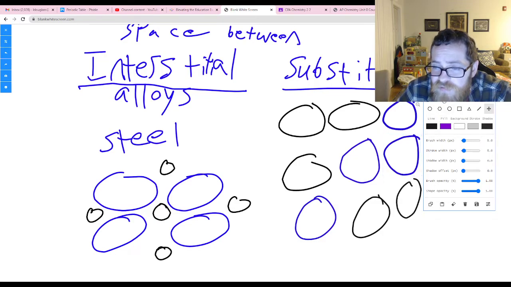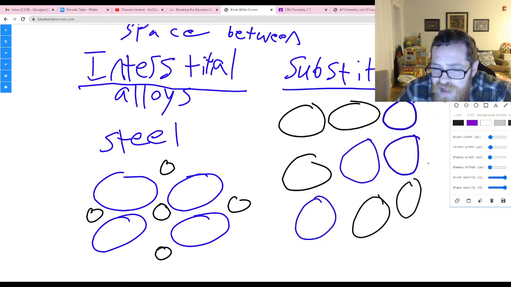So again, an alloy of any two atoms that have about the same size will be a substitutional alloy.